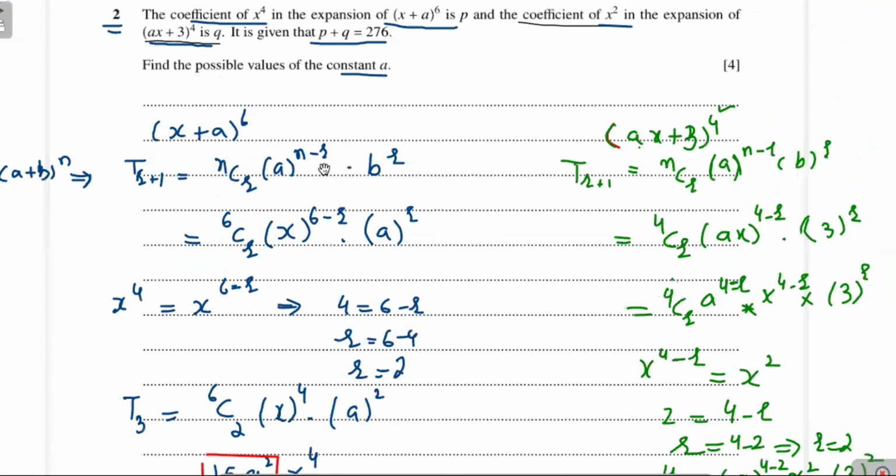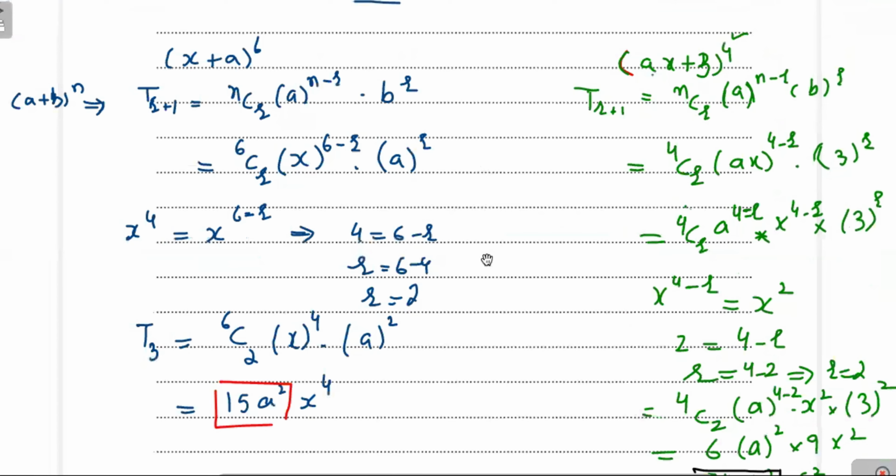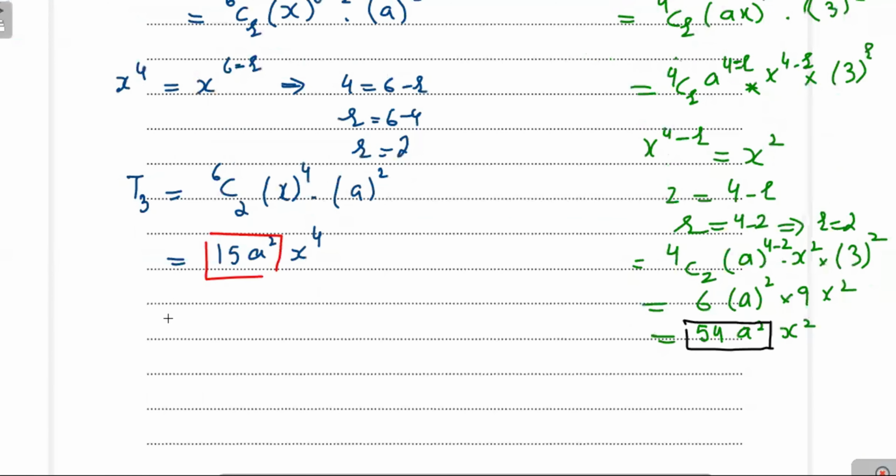Now you see here p plus q equals 276. Now the coefficient of x power 4 is p, we write it as 15a square. The coefficient of x square is q, we write it as 54a square.